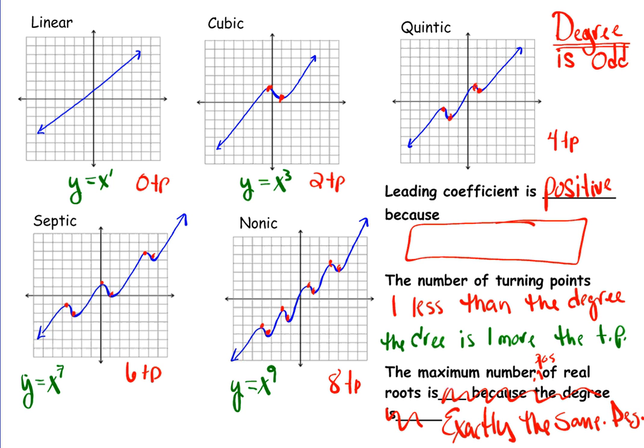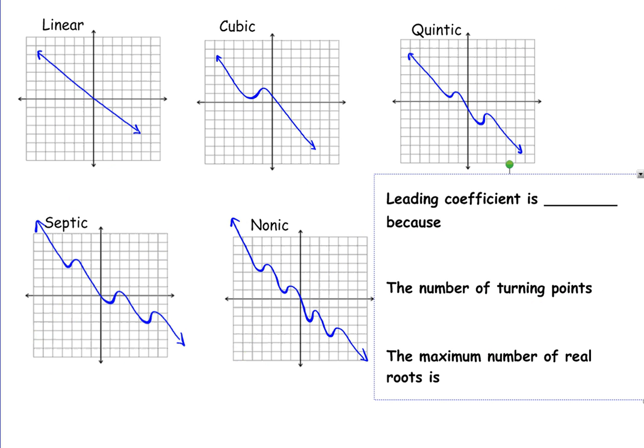Right? So let's look at some that have odd degree and negative leading coefficients. What do you notice? Well, if the leading coefficient is negative, they look like they're going downhill if you read them from left to right. With still the same equations, where this one is y equals negative 1x.